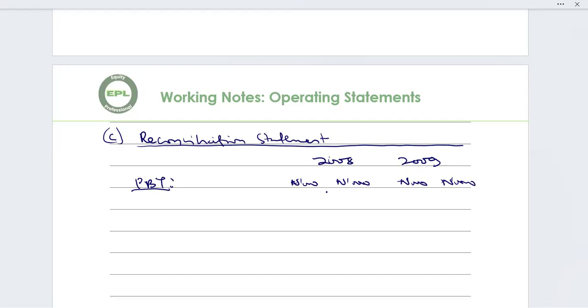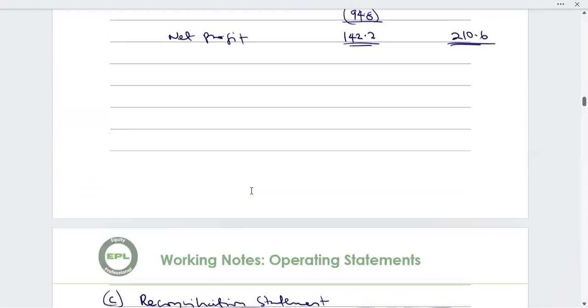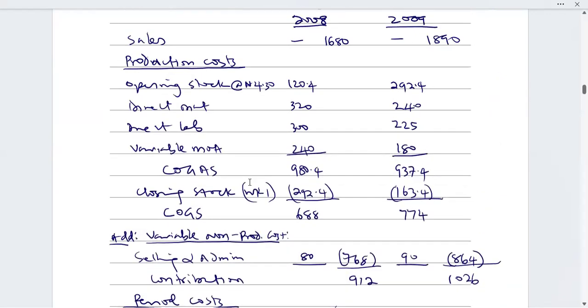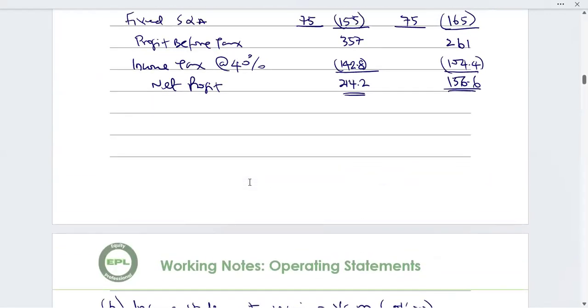You don't find the difference in net profit. It has to be the difference in profit before tax. So I will pick the absorption costing method. I will also pick the profit before tax for the variable costing method.